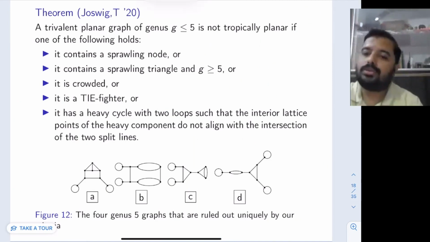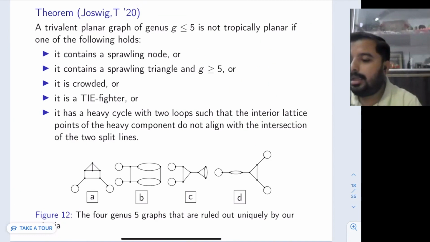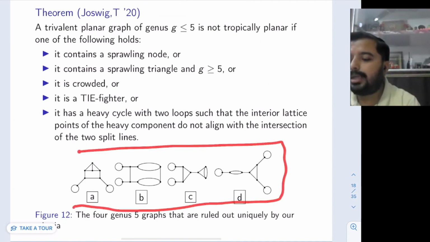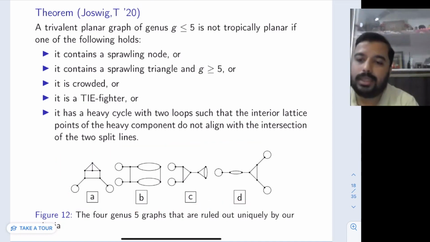So with these two new criteria, before our results, these 4 graphs were yet to be categorized under a criterion. We knew that they can never occur, but they didn't come under any criterion that was known prior to our work.